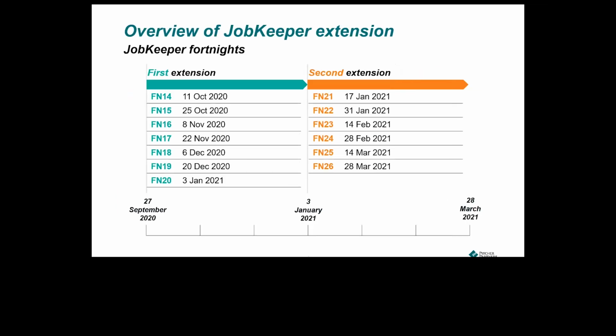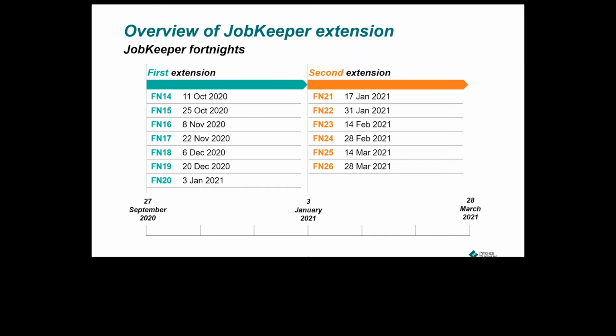So these are the fortnights that will apply under both extension periods, just so you're aware of them. The first one being the fortnight that ends on the 11th of October 2020. So that is the first JobKeeper fortnight under JobKeeper 2.0, going right through to the last fortnight, which will end on the 28th of March next year. The importance of these fortnights obviously is in respect of the JobKeeper wage condition.